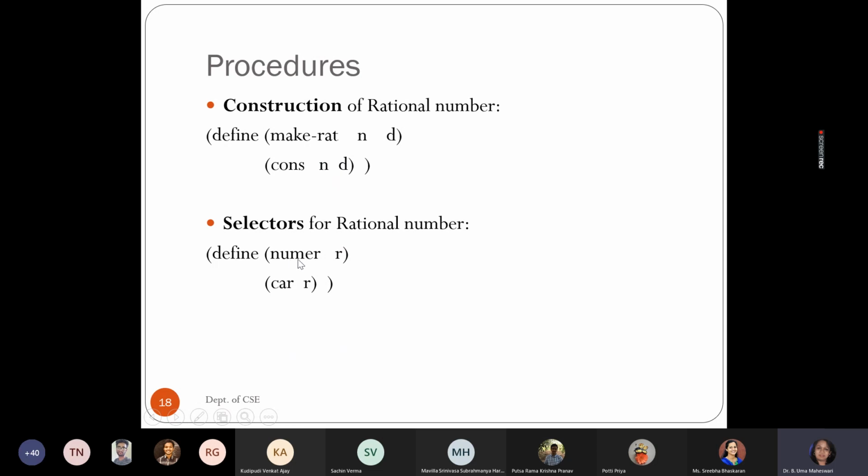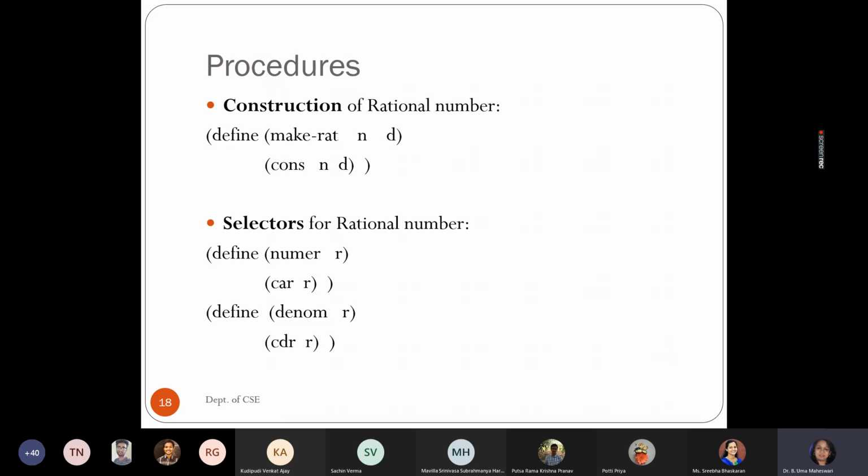The selector name is numer. Numer is a selector which will extract only the numerator part of the rational number. Inside, the logic is nothing but car of r. Here r is a rational number, which is a pair created by using make-rat, and car of r will always give you the numerator part.